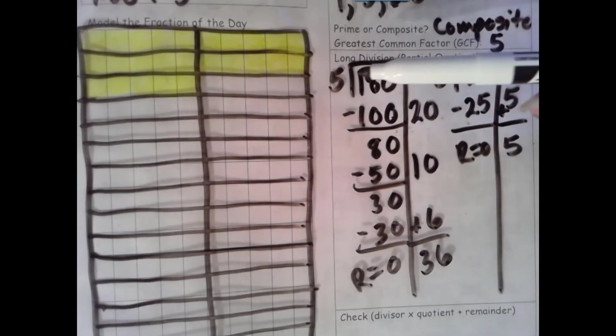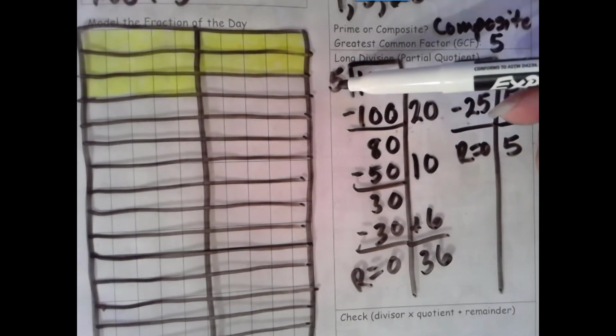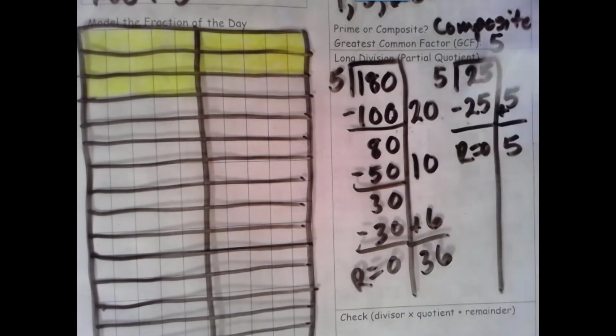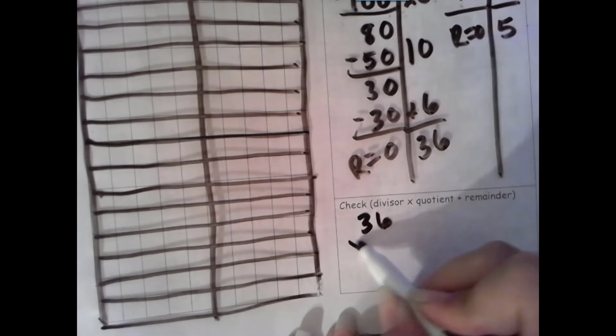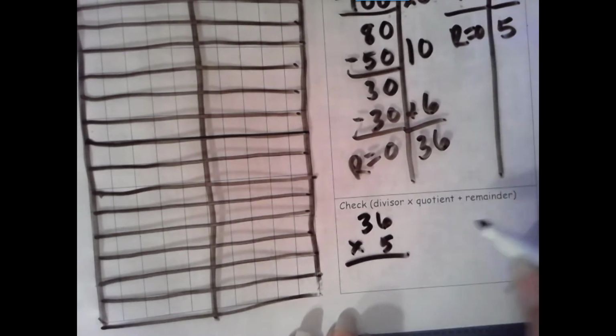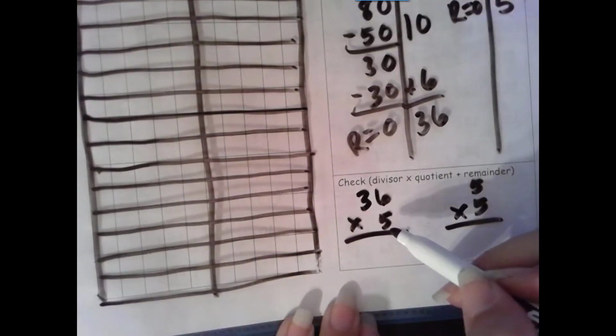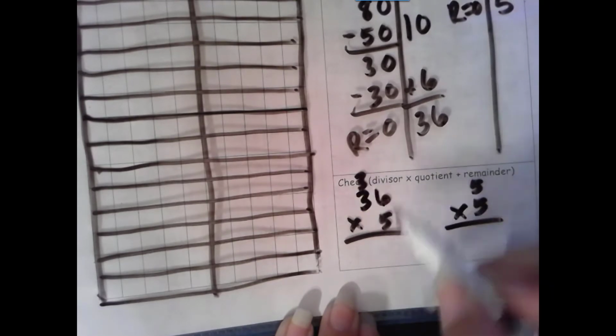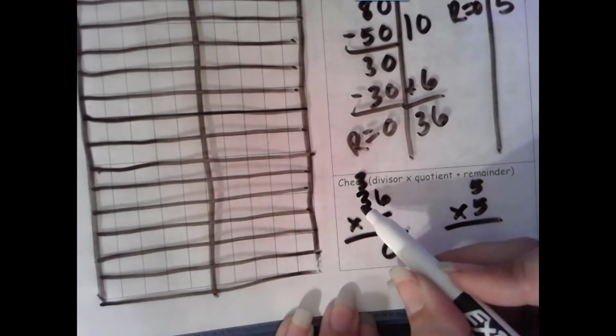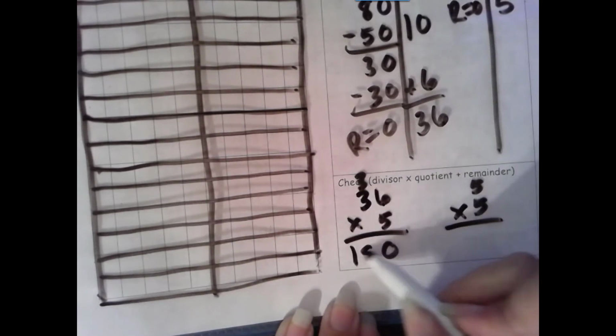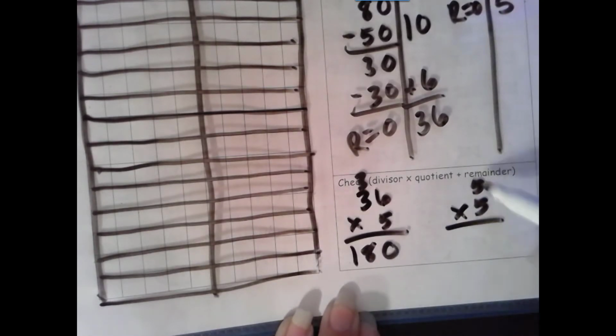To check, we use our inverse operation. Divisor times quotient plus remainder. Now on both of these, our remainder is 0. And the identity property of addition says when you add 0, it stays the same, so we don't need to worry about that. 5 times 6 is 30. 5 times 30 is 150, plus 30 more is 180. 5 times 5 is 25.